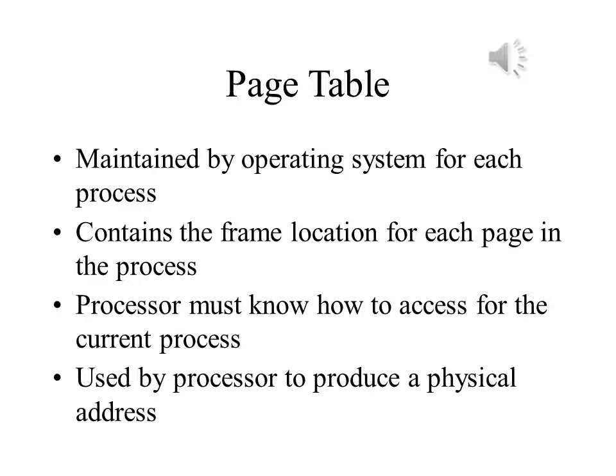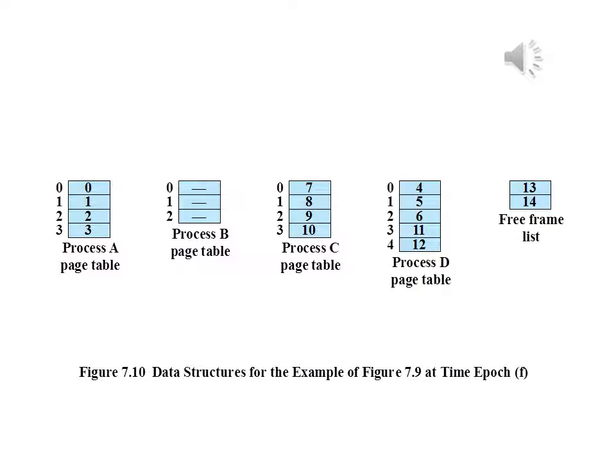With paging, the logical to physical address translation is still done by processor hardware. Now, the processor must know how to access the page table of the current process. Presented with a logical address, page number, and offset, the processor uses the page table to produce a physical address of frame number and offset.